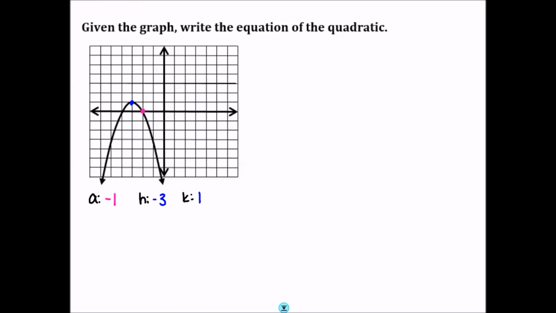So a is negative 1. So if I write this equation in vertex form, I get y equals negative x plus 3 squared, because you always switch the sign of h, plus 1.